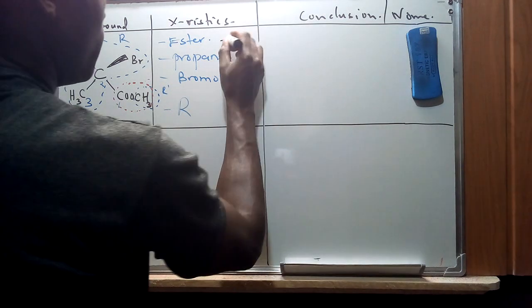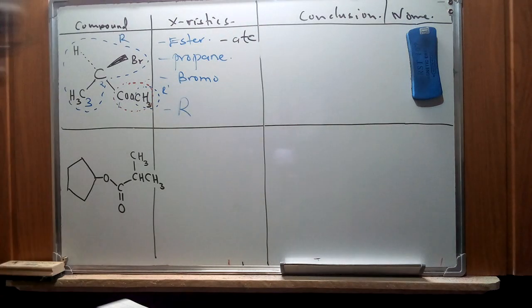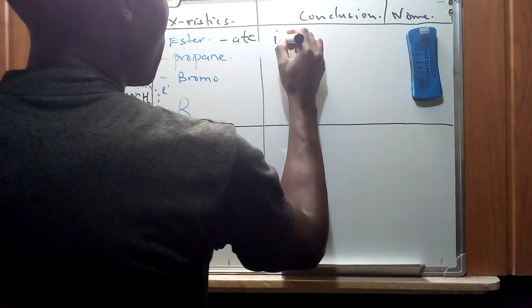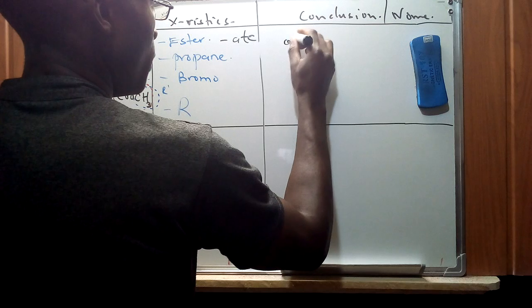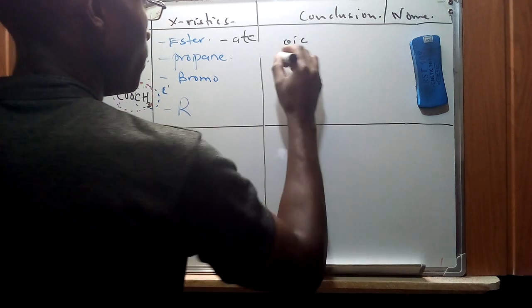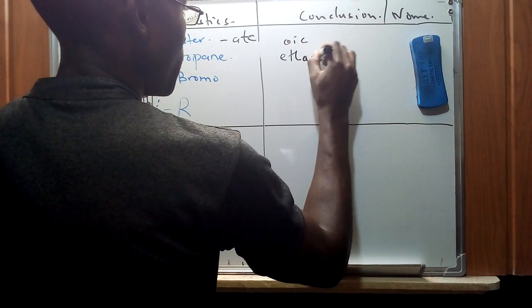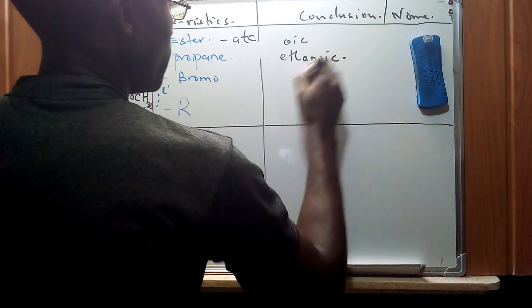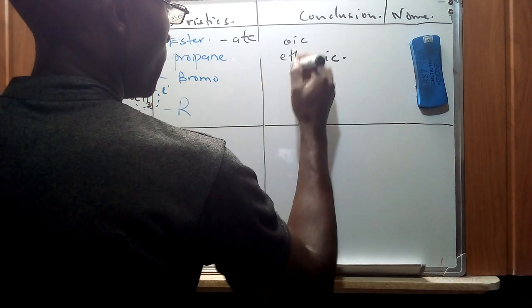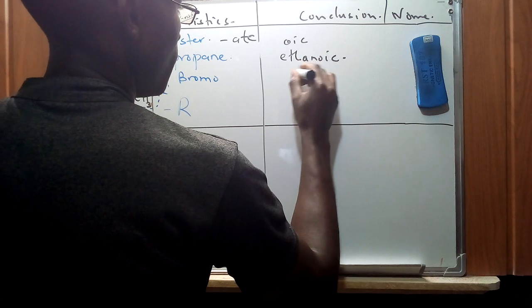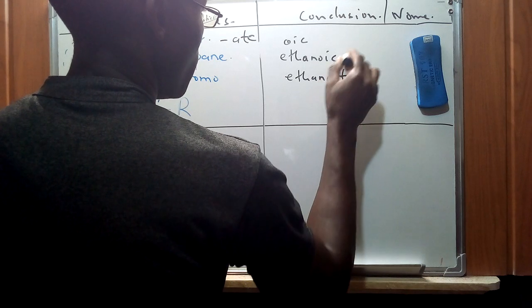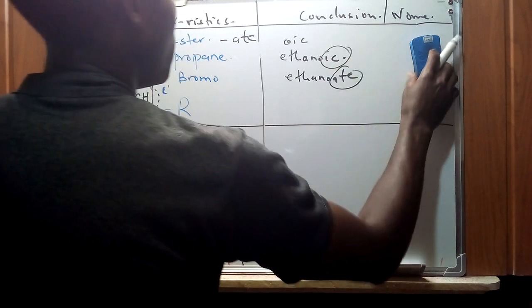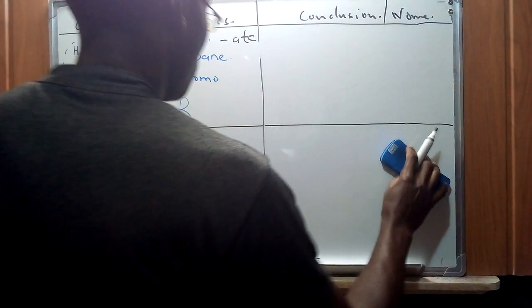Now there's a characteristic ending for esters, whereby we substitute part of the ic. Remember, for the carboxylic acid, we end the name with ethanoic acid if it's the second member. In this case, if it's an ester, then it's going to form from the alkyl group, ethanoate. So if you compare the two names, we're going to see that the suffix ends with ate.